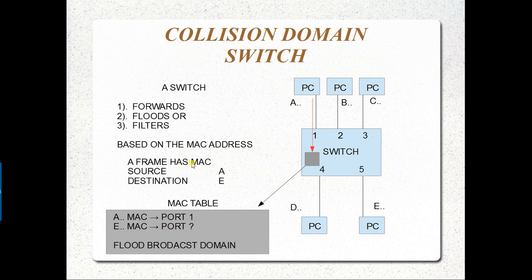A frame has a source MAC address and a destination MAC address. So let's just say it's all A's for this PC, all B's for this PC, all C's for this, all D's and all E's. That may not be a real MAC address, but to make it simple, that's what we're doing for now.